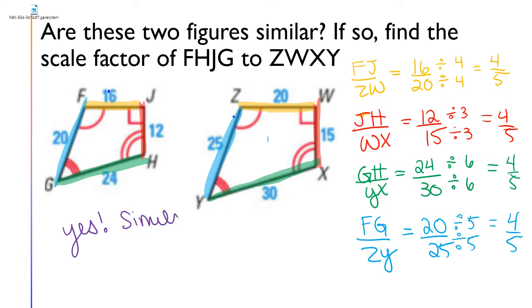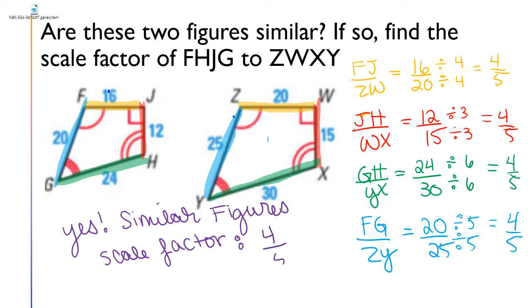We have similar figures. The next part asked for the scale factor of FHJG, which is the smaller shape, to the bigger shape, ZWXY. We've actually already done that. That scale factor is the ratio we've talked about for all 4 pairs of corresponding sides, 4 to 5.